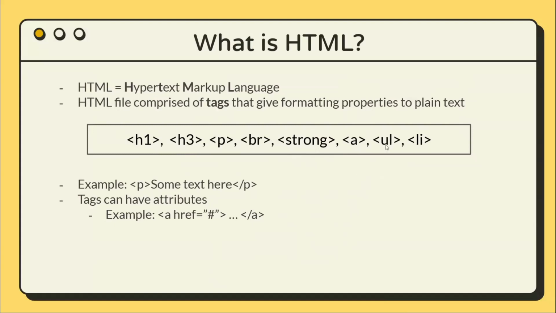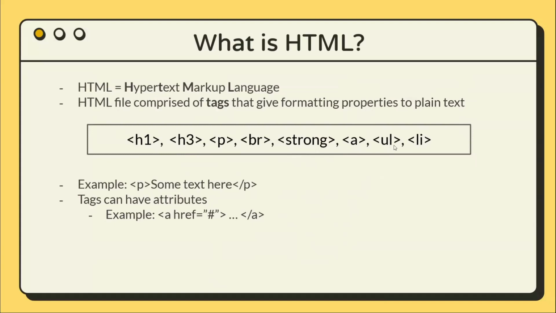UL stands for unordered list, and so that is basically like a bullet point list, as opposed to an ordered list, which is like a numbered list. And then that's usually combined with li, which is a list element. That's just each individual bullet point within this unordered list.